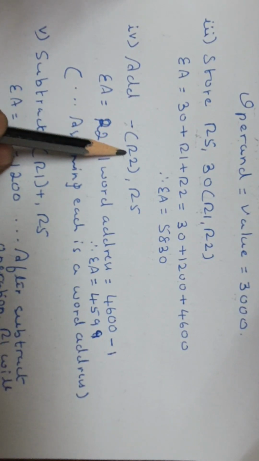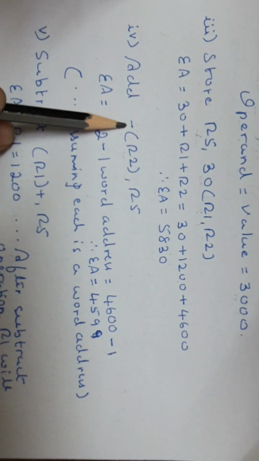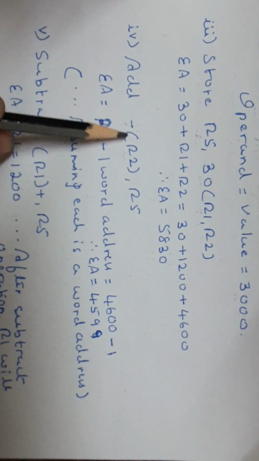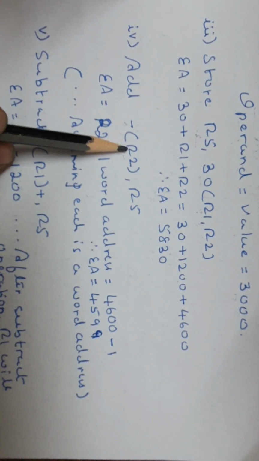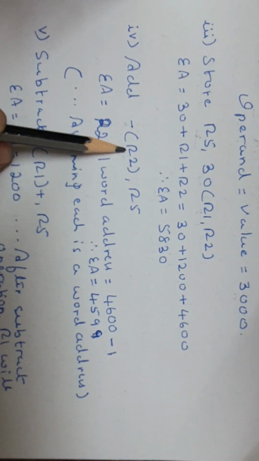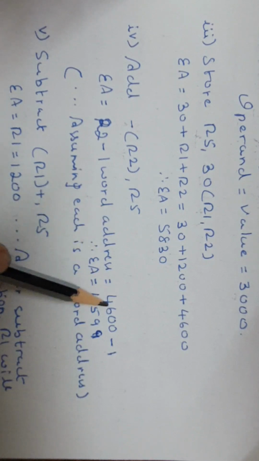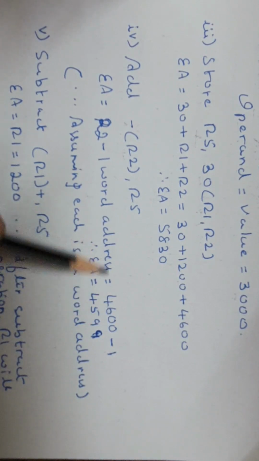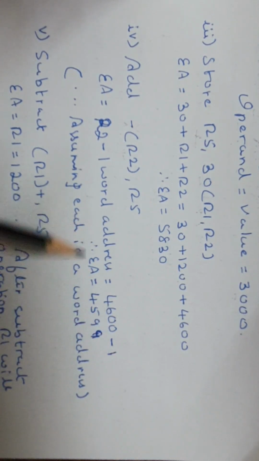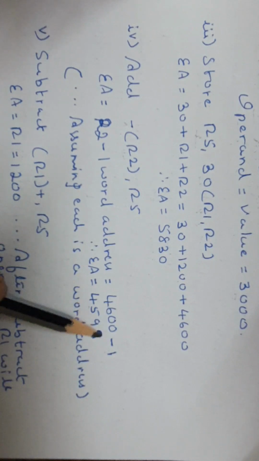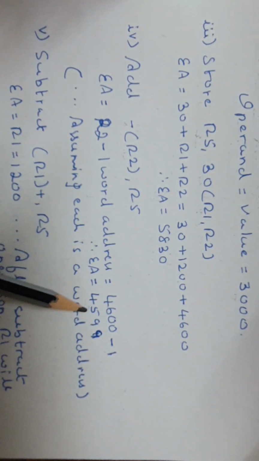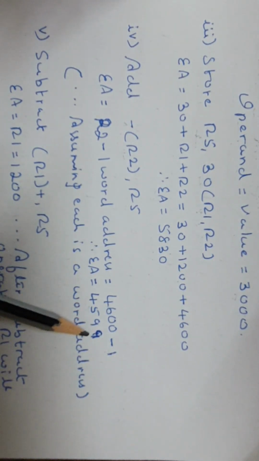So since R2 holds 4600, first it is decremented by one word. So 4600 is decremented by one word, if each represents one word address, decremented by 1. So 4600 minus 1, that is 4599.